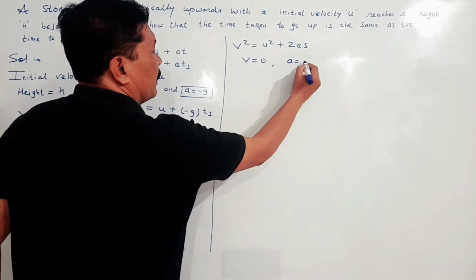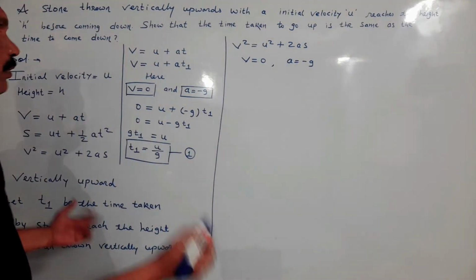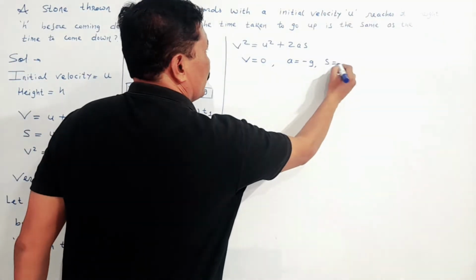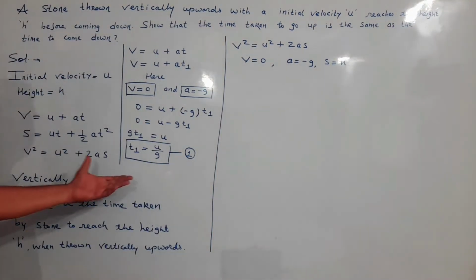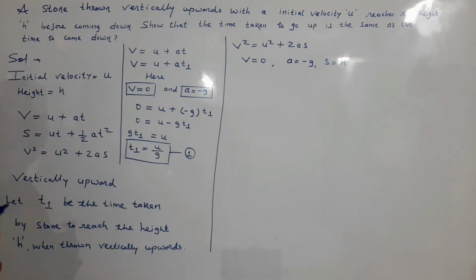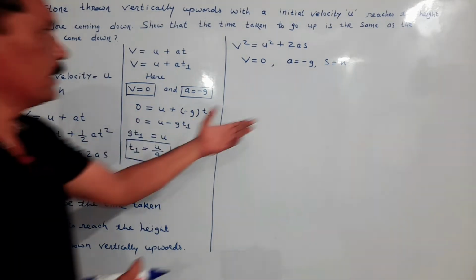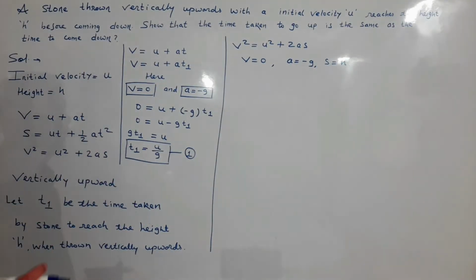A will be equal to minus G, as we have already discussed, and S will be equal to height attained by the body. My dear student, we have calculated the time taken by a body to attain certain height when thrown vertically upward, which is T1. Now we will find the height attained by a body when the time T1 is taken.